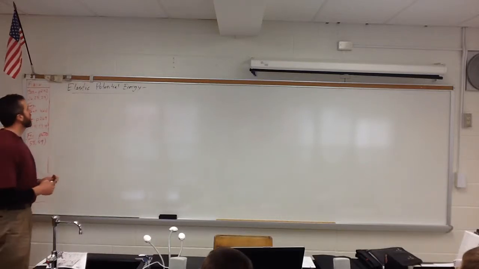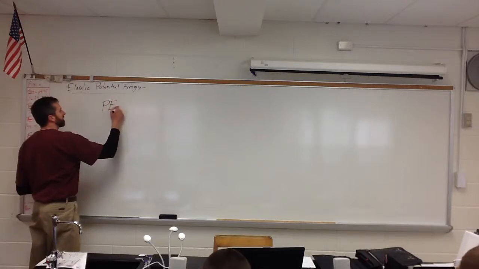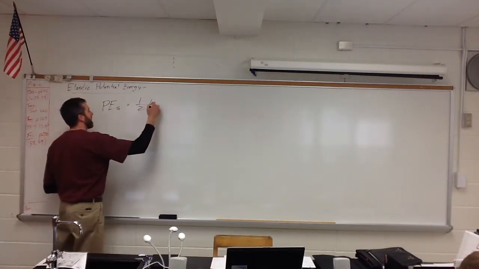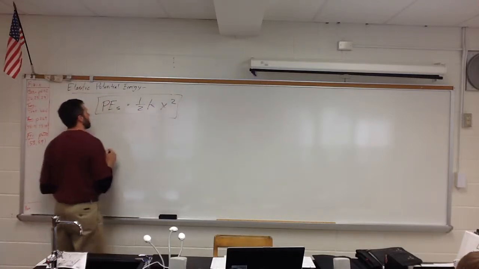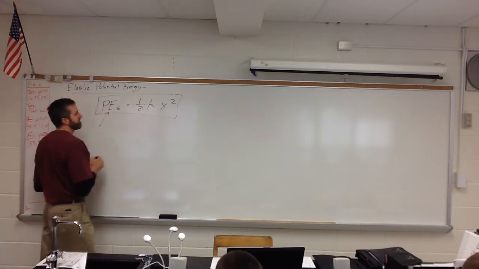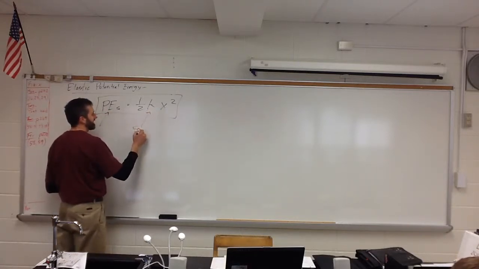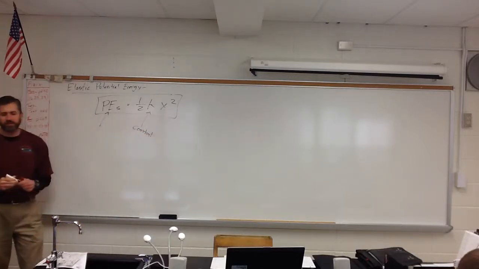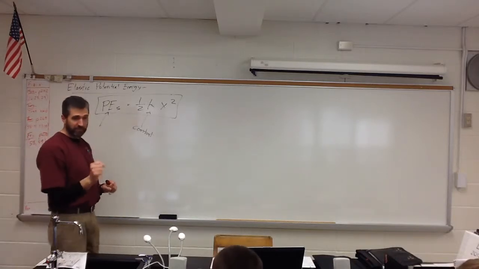So how does this equation go? The potential energy of a springy object is 1/2 kx squared. That's reference table material, where this is the potential energy in joules, this is the spring's constant, and basically what the constant means is how elastic, or how springy, that particular spring is.